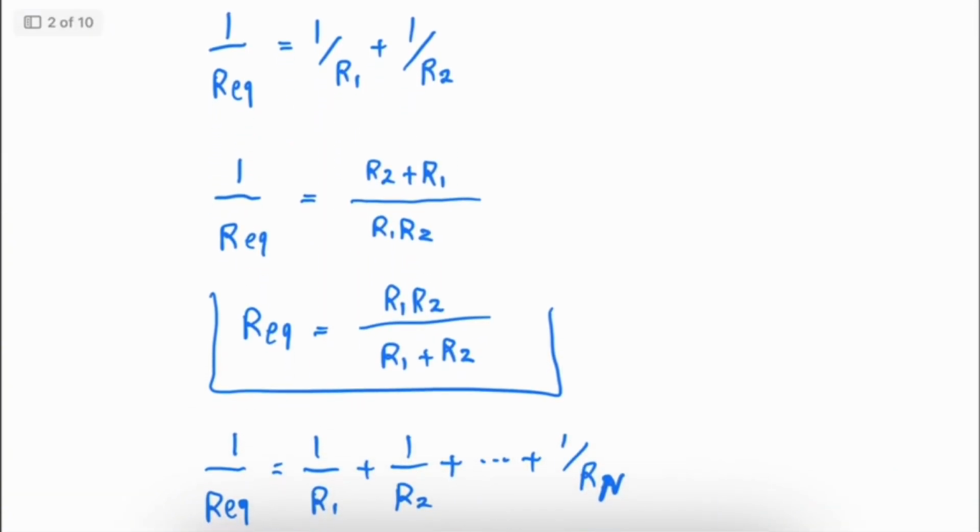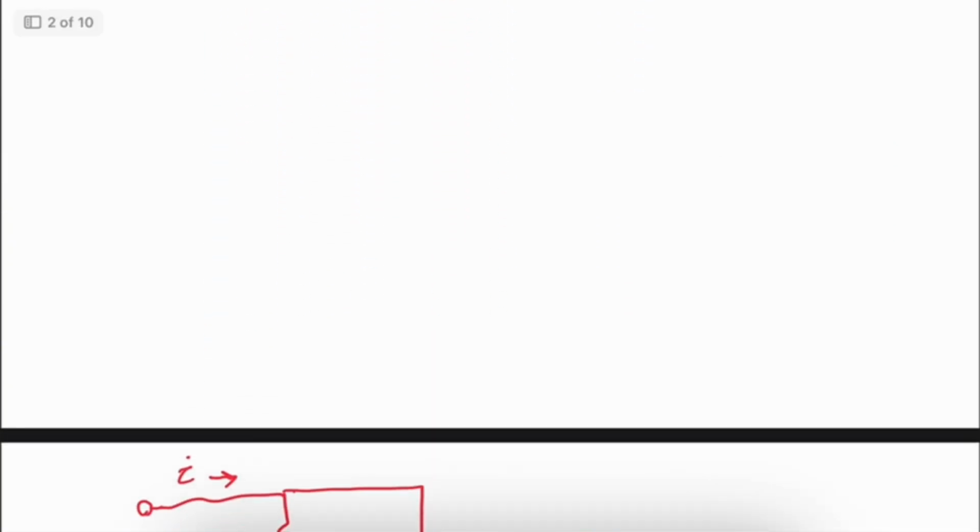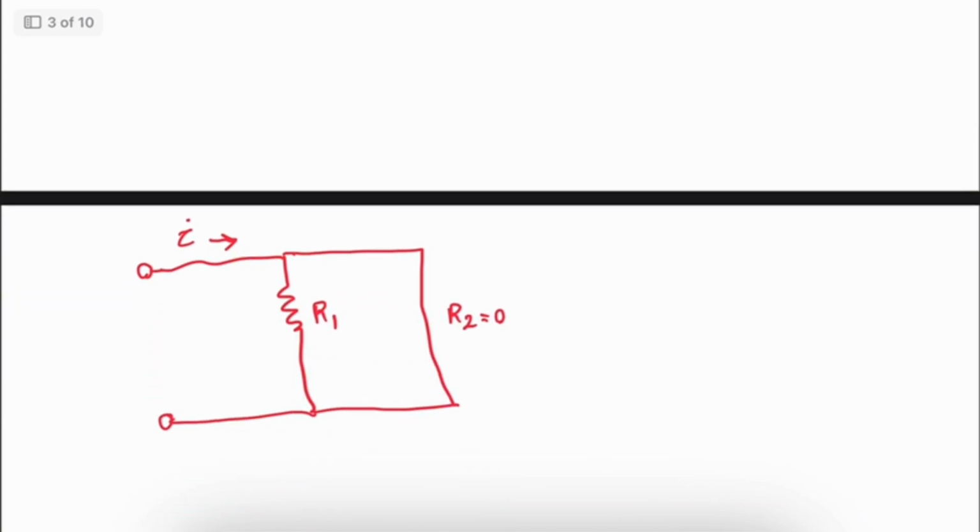Let's now see extreme cases. We have two extreme cases. Assume that two resistors are in parallel. The first extreme case is when one of the resistors is equal to 0, so we have a short circuit for this resistor. R2 is becoming 0. Then what happens to I1 and I2?